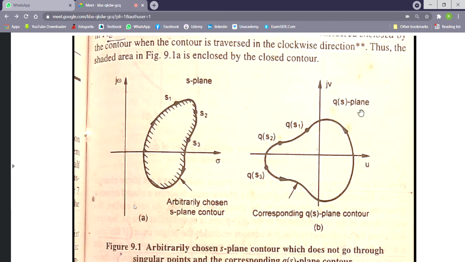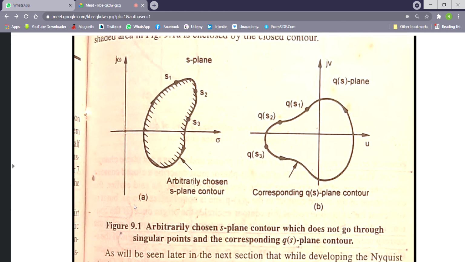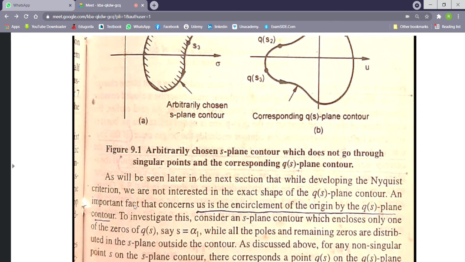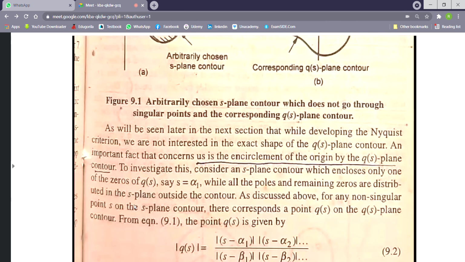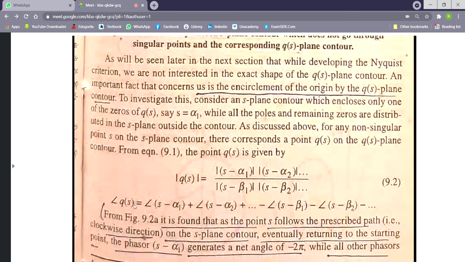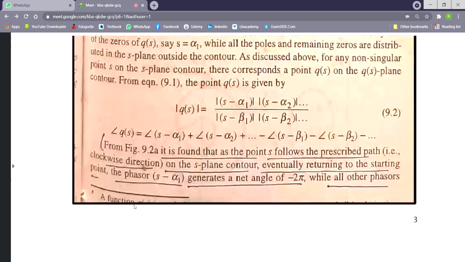Have you understood this? So we are interested in the fact whether the QS plane contour encircles the origin or not.